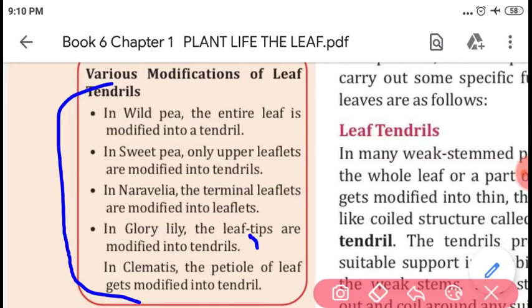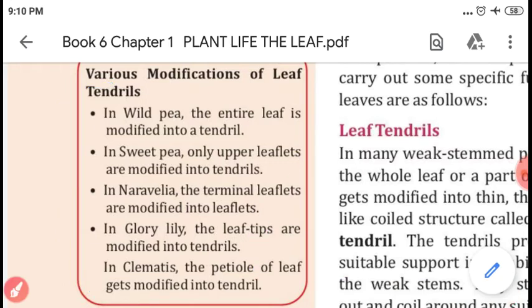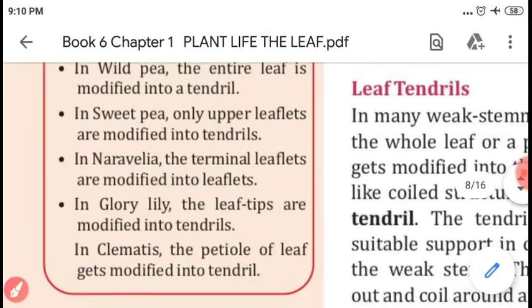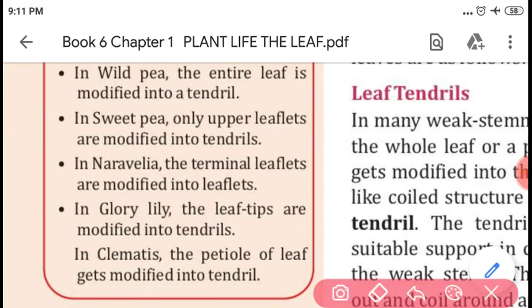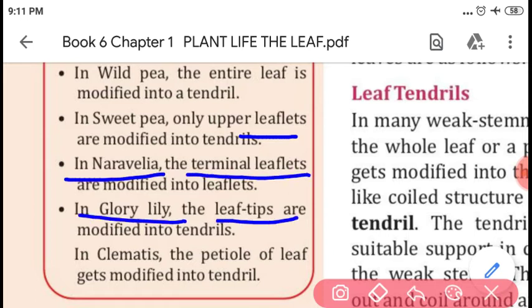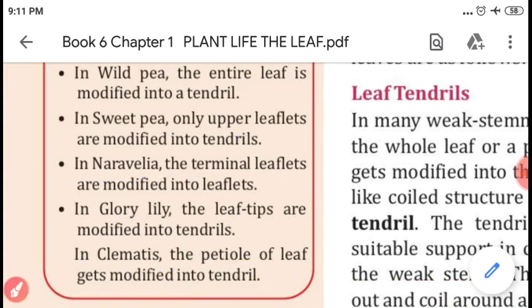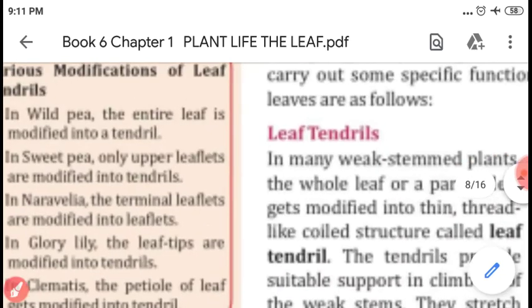In wild pea, the entire leaf is modified into tendril, while in sweet pea only the upper leaflets. In Naravelia, the terminal leaflets. In glory lily, the leaf tips, and in clematis, the petiole of leaves is modified into tendril. Read them carefully.